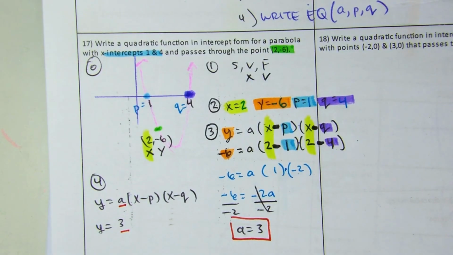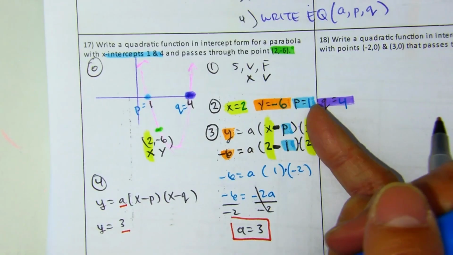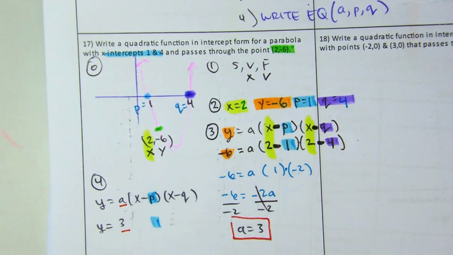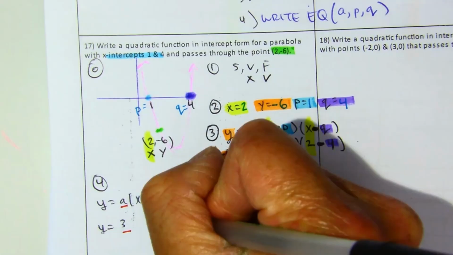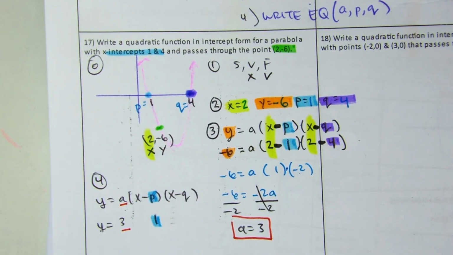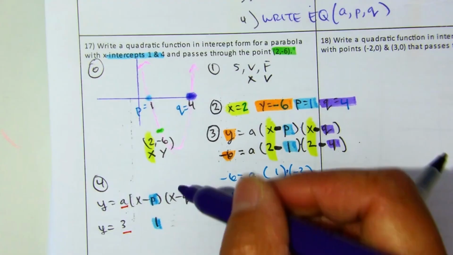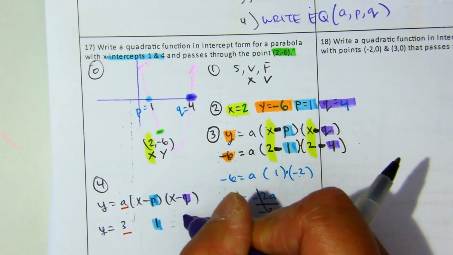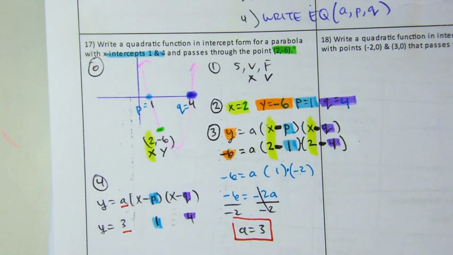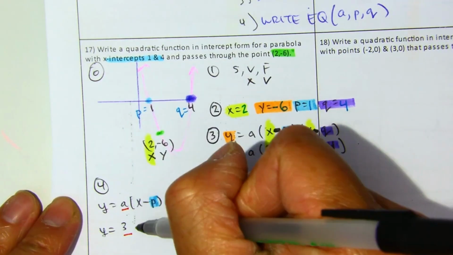P was 1. I'm not highlighting the negative sign. And my Q value is 4. All I have to do is bring back all the symbols.